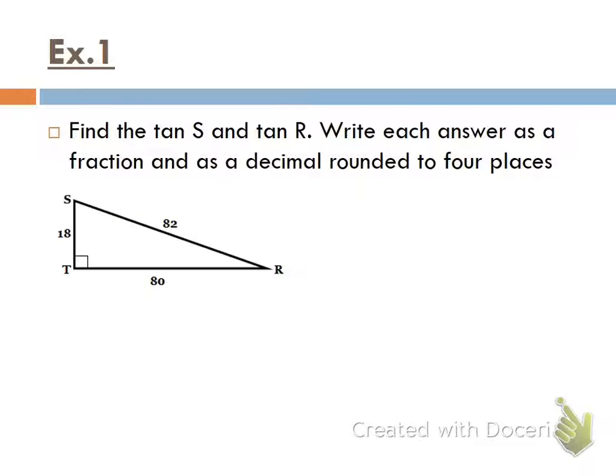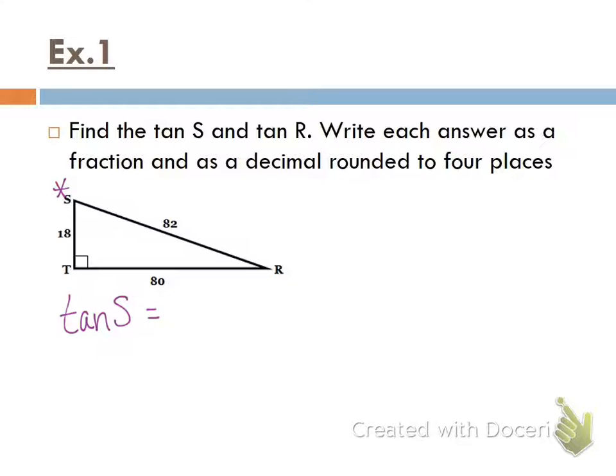To start this problem, we really don't need a calculator. We will need one to do our decimal form, but for the fraction form, we don't need a calculator. If we are finding the tangent of angle S, that means S is my current reference point, or reference angle.